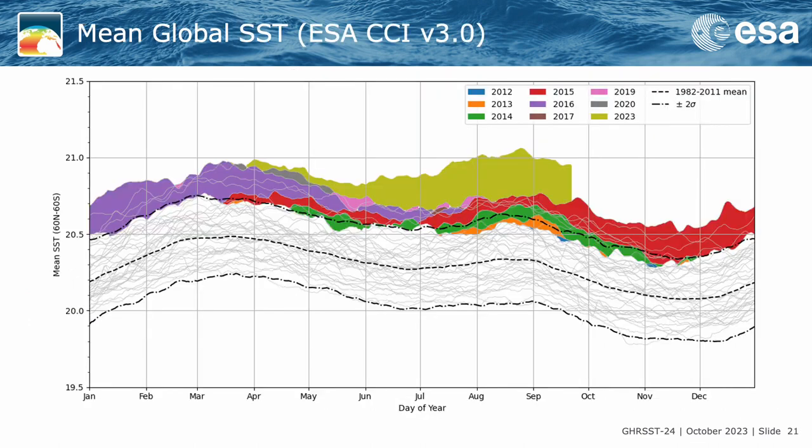Going back to the recent warming derived from the ESA CCI data, in this plot the shaded areas show each time the global sea surface temperature record for a given time of year has been broken since 2012. Before the current year, the last major record-breaking period was the 2015-2016 El Niño.